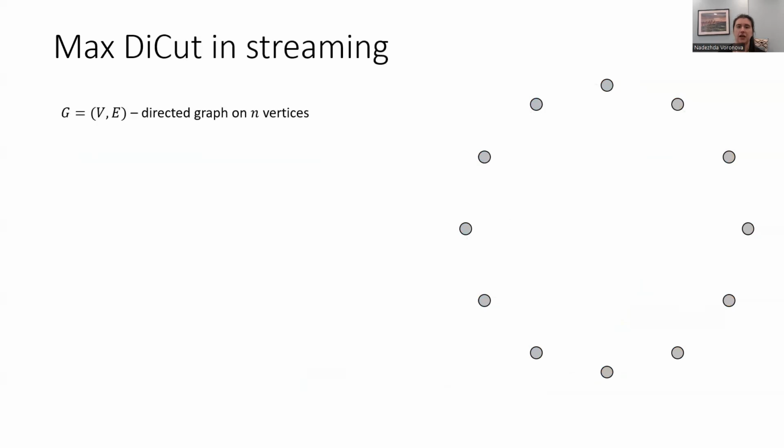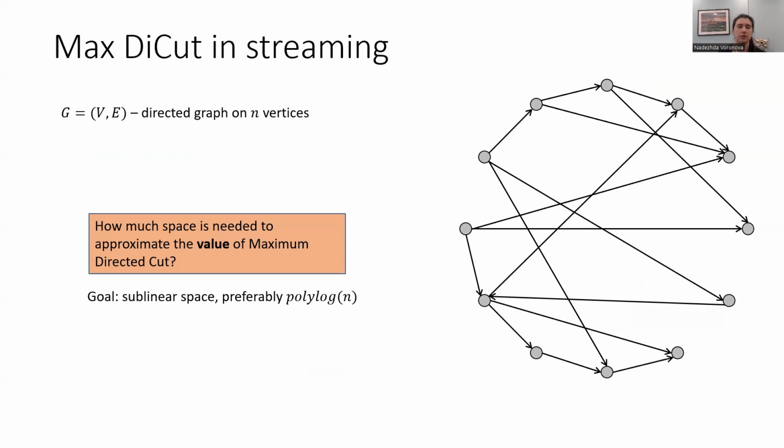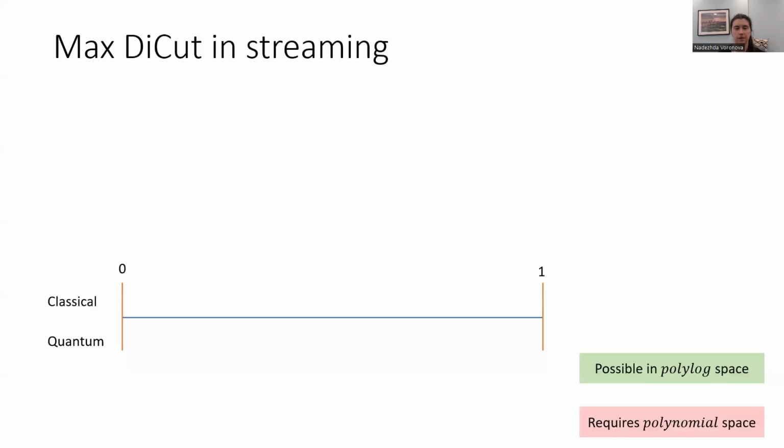In the streaming setting, the graph is given as a sequence of directed edges given in arbitrary order. And as a reminder, our goal is to design an algorithm that approximates the value of maximum directed cut in restricted space. Let's see what is possible for this problem. Note that 1/4 approximation is trivial, since a random partition cuts 1/4 of edges.